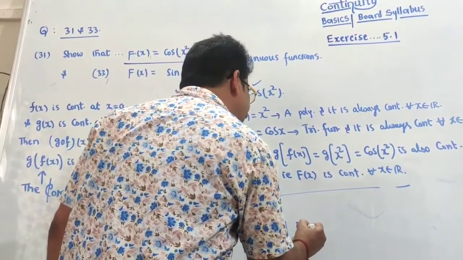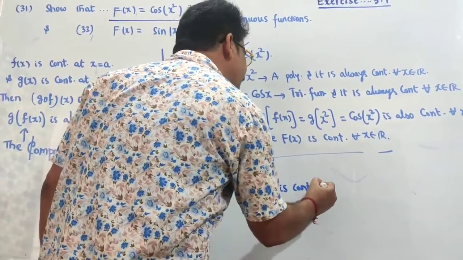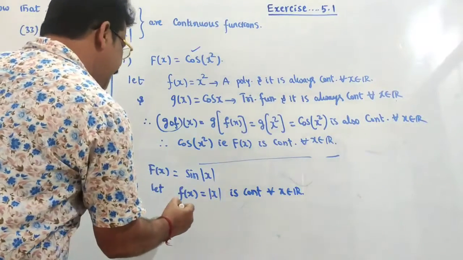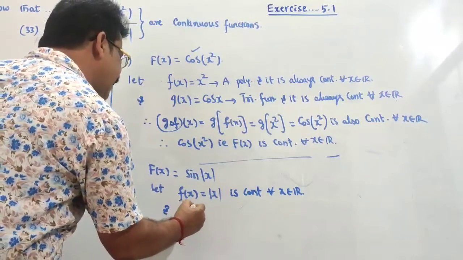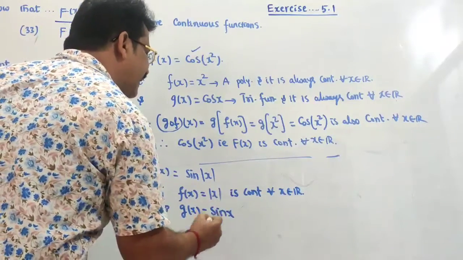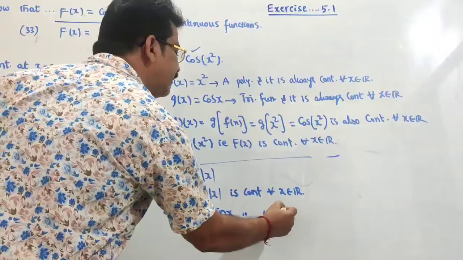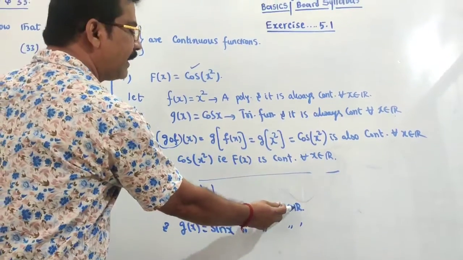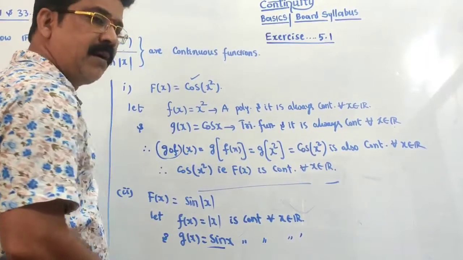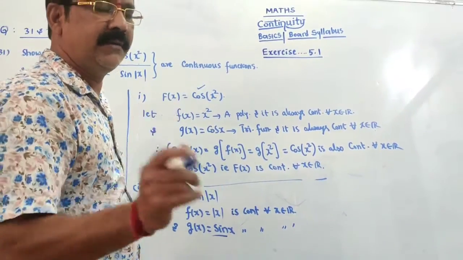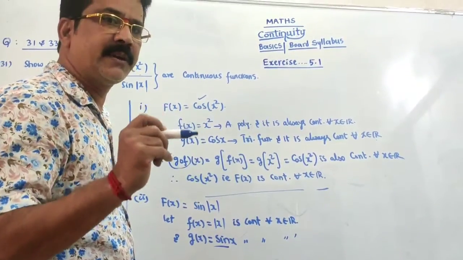So it is a continuous function for all x belongs to capital R, and g of x equal to, let us take trigonometric function sin x, is always continuous for all x belongs to capital R, because capital R, real number set, is the domain of sin x.